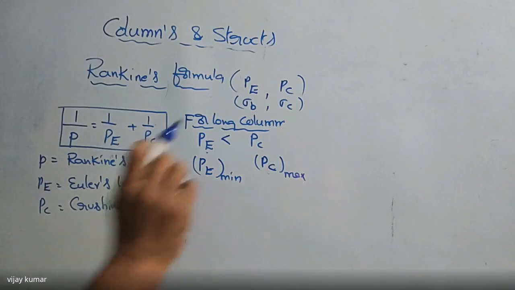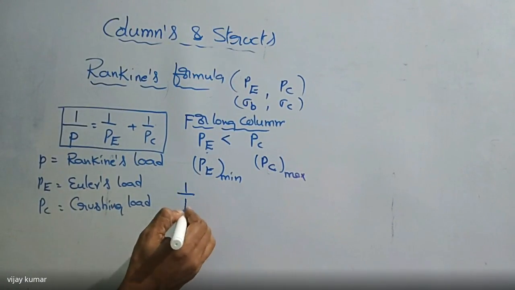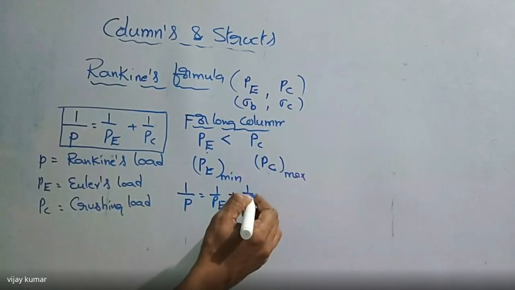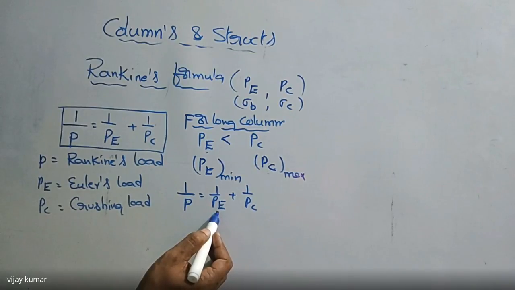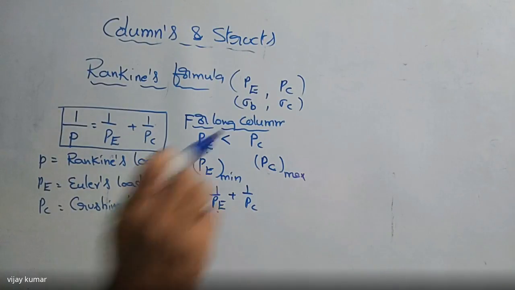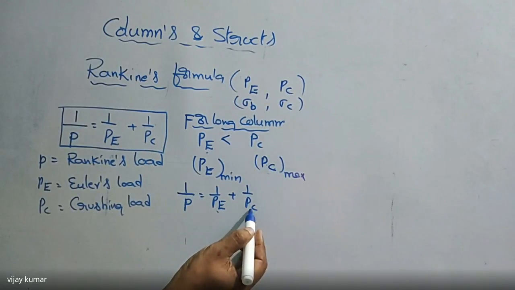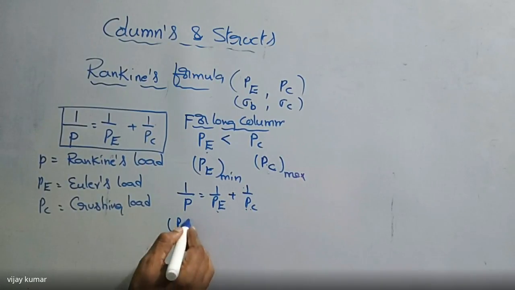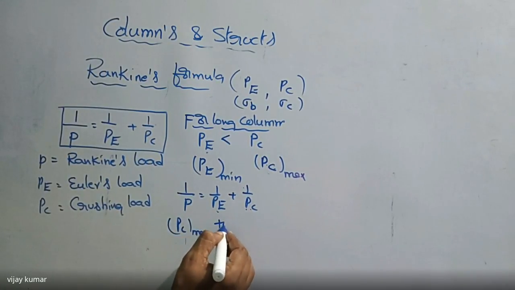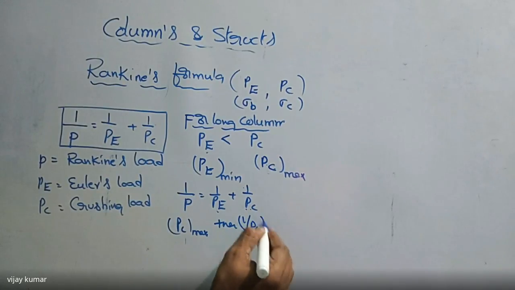So according to Rankine's formula, I am writing 1 by P is equal to 1 by PE plus 1 by PC. If PE is minimum, then 1 by PE is maximum. Here PC is maximum, so 1 by PC is minimum.